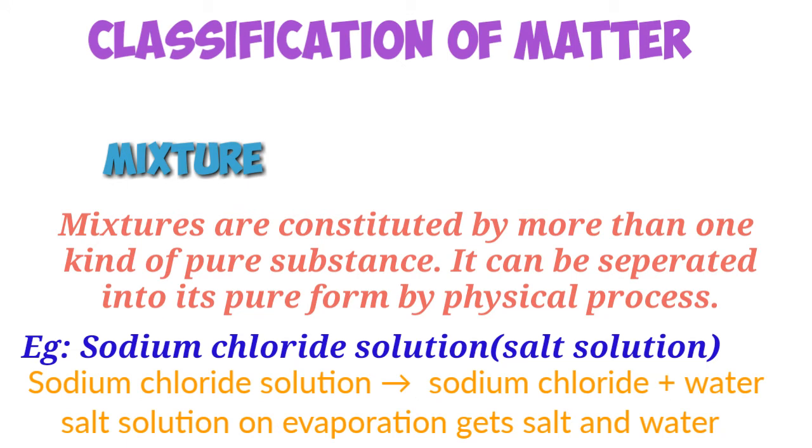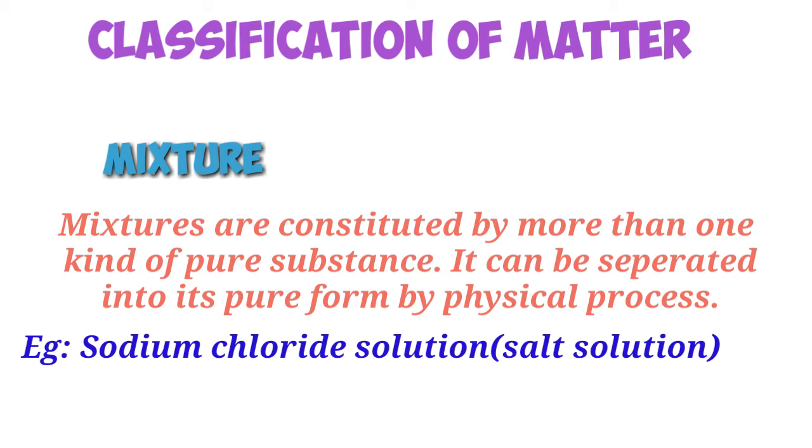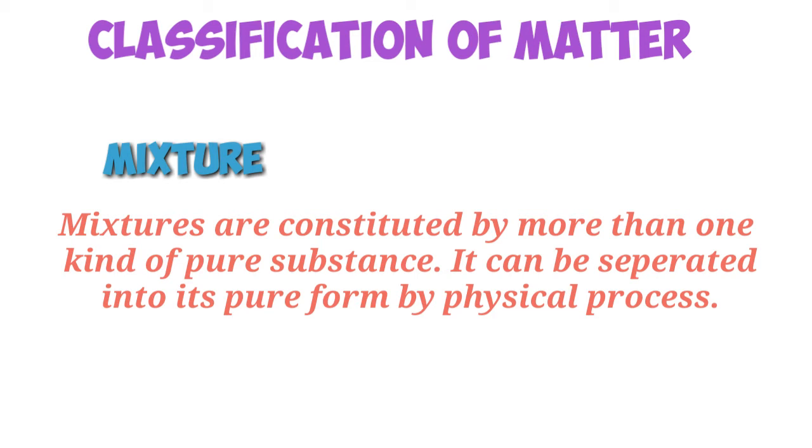This sodium chloride is itself a pure substance and cannot be separated by physical process into its chemical constituents. Soft drinks and soil are examples of mixture. In simpler way, we can say that a mixture contains more than one substance. The substance here means pure substance and it have no fixed composition.